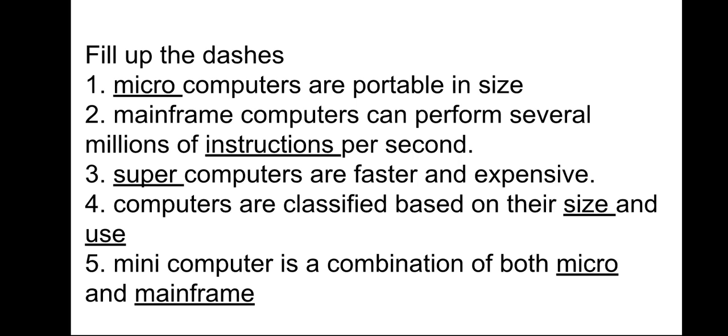Someone would be doing calculations, someone would be writing something, someone would be playing music, someone would be taking printouts. Everything can be manipulated in a mainframe computer all in one stretch, in a single time. That is what is special about a mainframe computer.